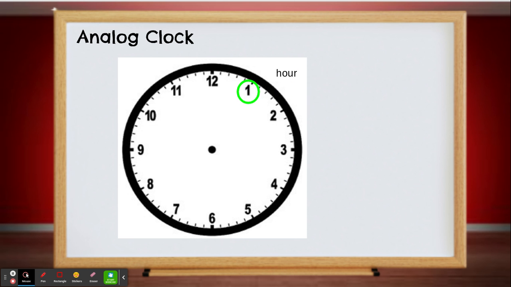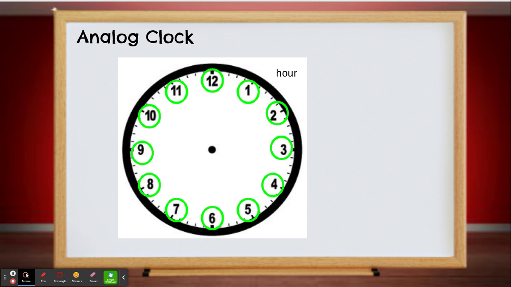And not only that, 1 is not by its lonesome. We have other numbers around the clock. We have 2, 3, 4, 5, 6, 7, 8, 9, 10, 11, 12. That means it goes all the way to 12 hours.